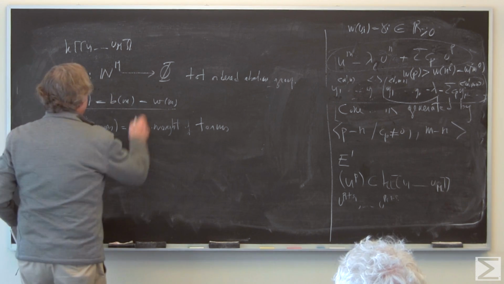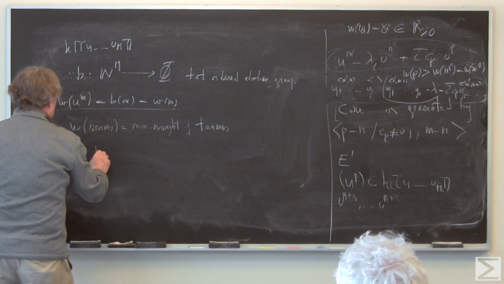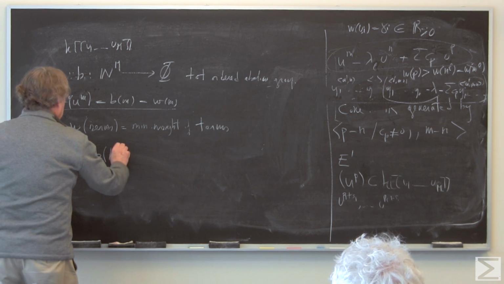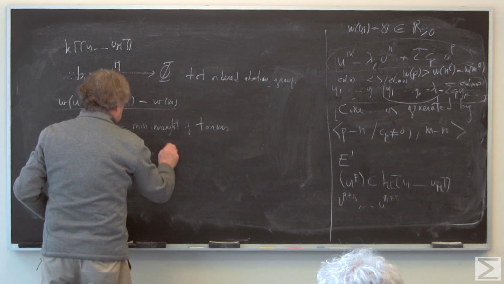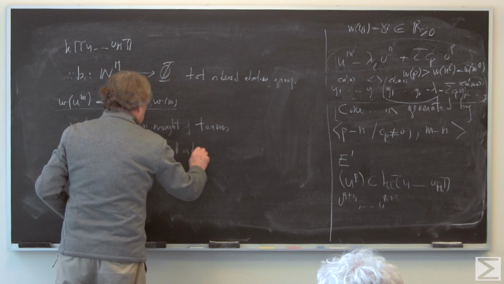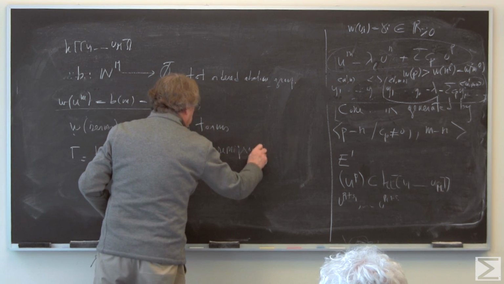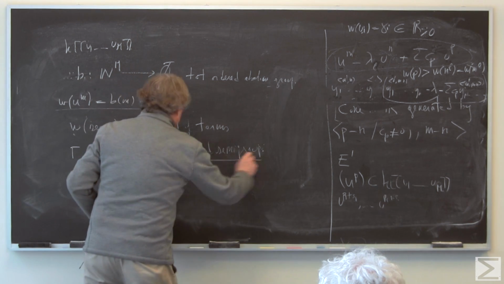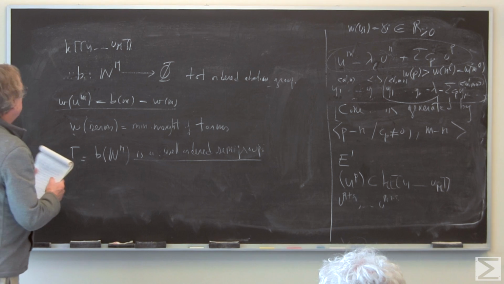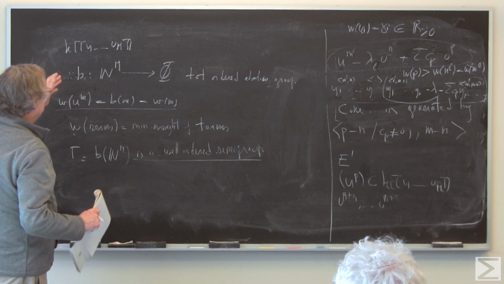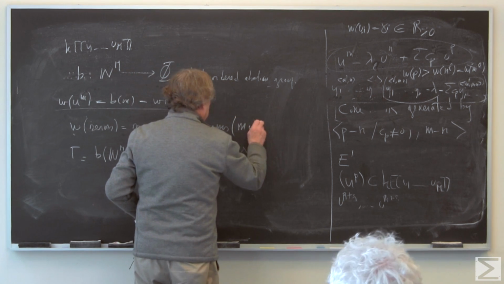So the semigroup of values, which is the image, so gamma, which is the image of N to the m, is a well-ordered semigroup anyway. This is all we need, in fact. So we can talk about the minimum weight, and that is the weight. So this corresponds to giving a valuation, which is a monomial valuation.